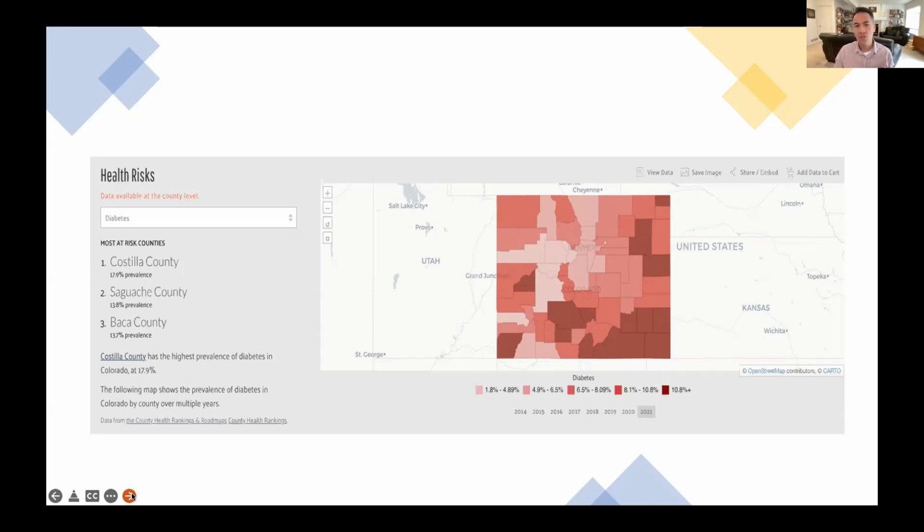I just typed in diabetes, and Costilla County has a 17.9% prevalence of diabetes, followed by Saguache and then Baca County. The importance of this type of slide, in my opinion, is reaching out to your patients in your area. So, for example, how many of you use EHR, EMR?